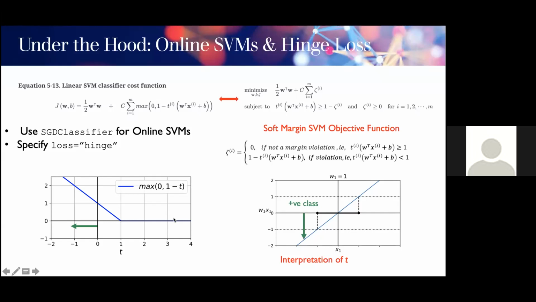If you are more than 1, that means you are correctly classifying your vectors. Positive classes are on the positive side and negative classes on the negative side, so you don't have to put any penalty. That is it. And in terms of what the axis t actually represents with respect to the hyperplane and the feature space, the green arrows here point to that.